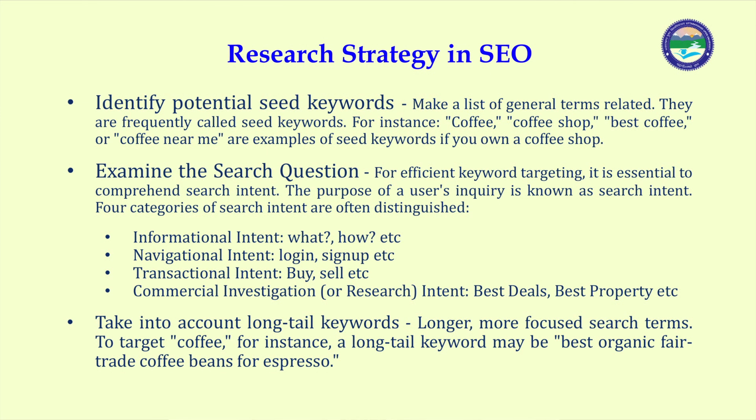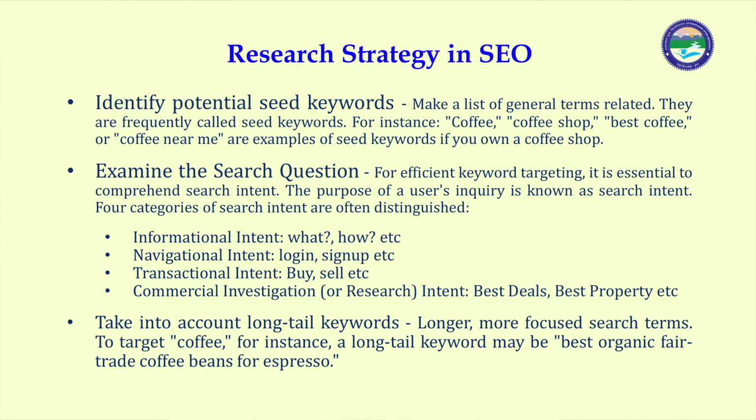The keywords that are relevant to my business, whatever the users are searching with, if I want them to find my website, are called the seed keywords for my website. For instance, coffee, coffee shop, best coffee, coffee near me, coffee in city XYZ are examples of seed keywords if you own a coffee shop.